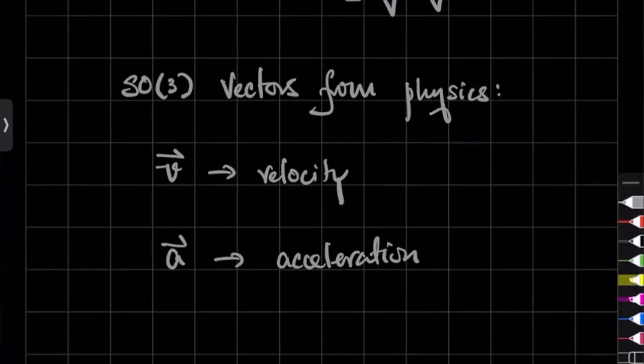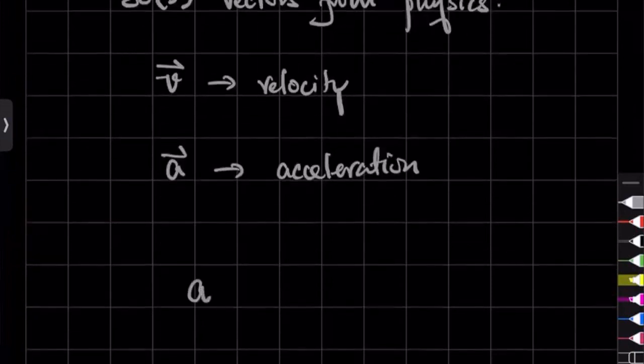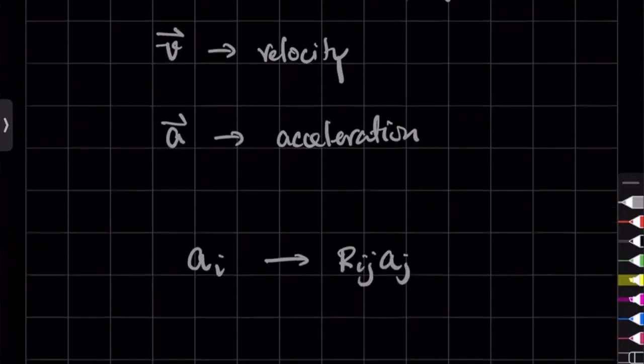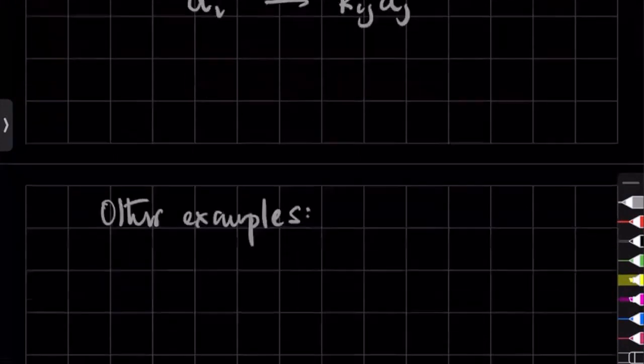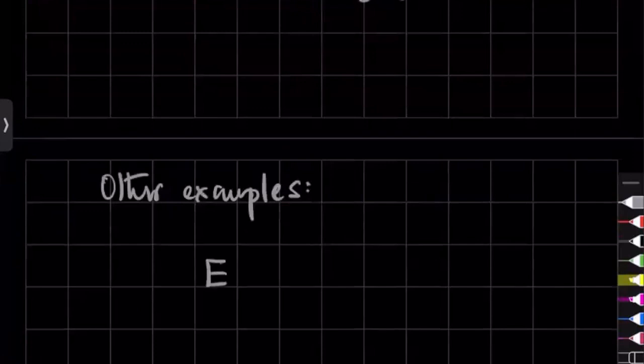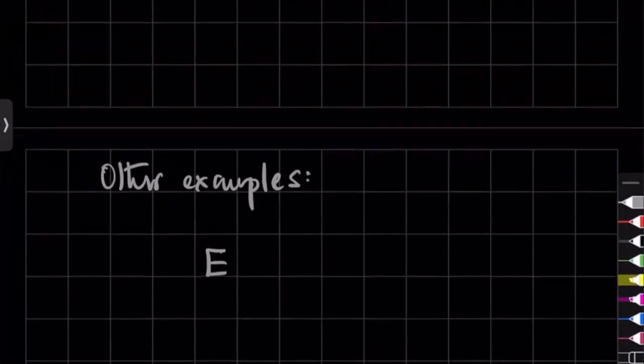Under a rotation, how do the components of acceleration change? It changes by a rotation matrix, right? So other examples are, if I go to electromagnetism, if I take the electric field, right? So that is another one, or it's probably better to write it E^i.